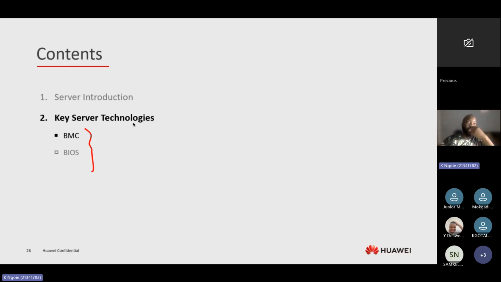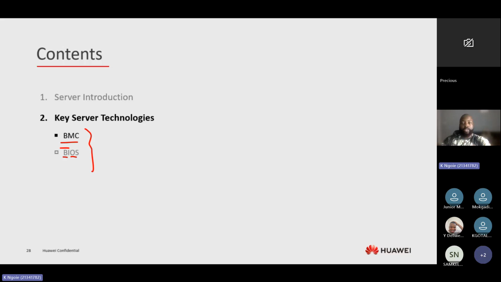So the BMC is the baseboard management controller, and then we also have the BIOS. The BIOS is the basic input output system.